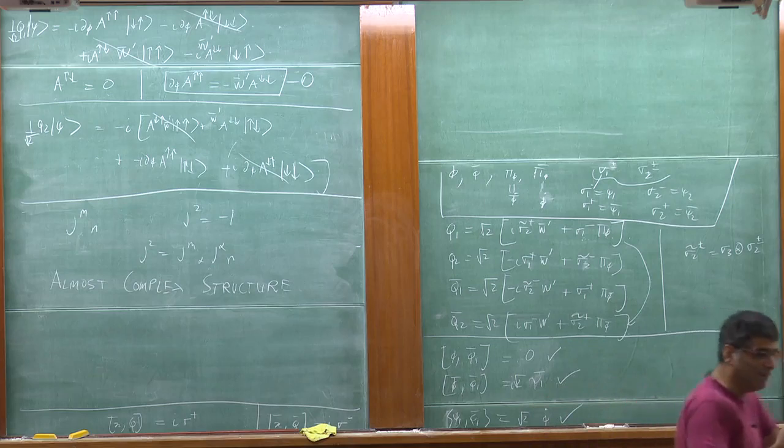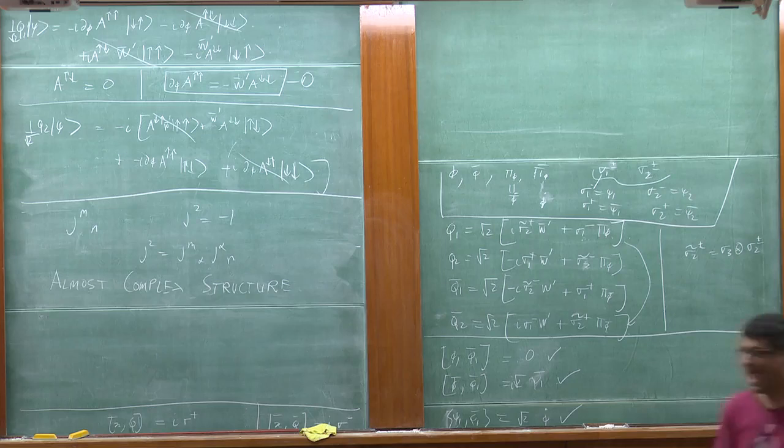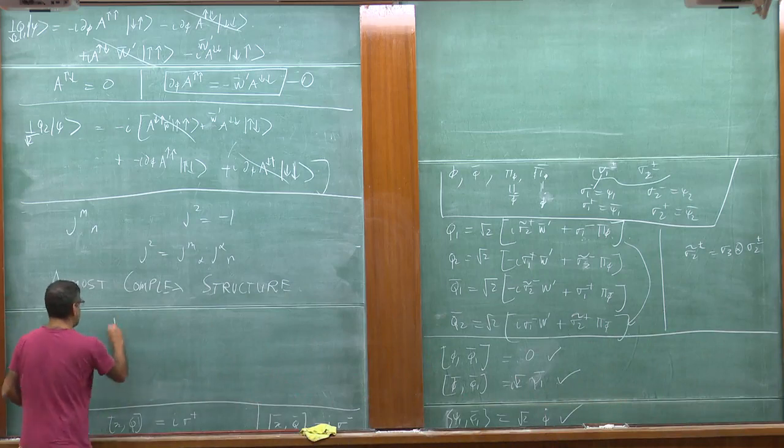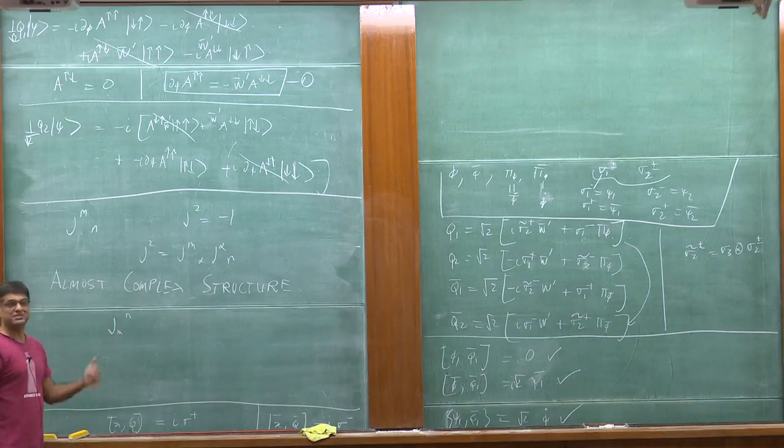So somehow this complex structure has to mesh with the metric properties of your space for this to become a useful notion. One way of saying this is as follows. Suppose we demand that J^m_n, this quantity, is covariantly constant.